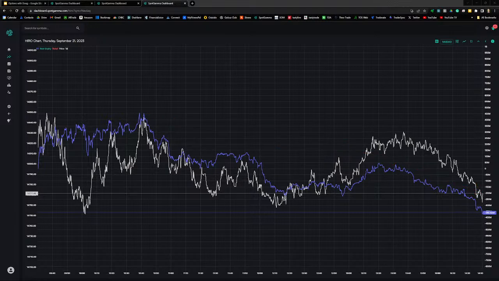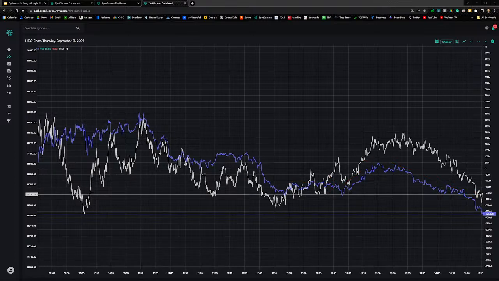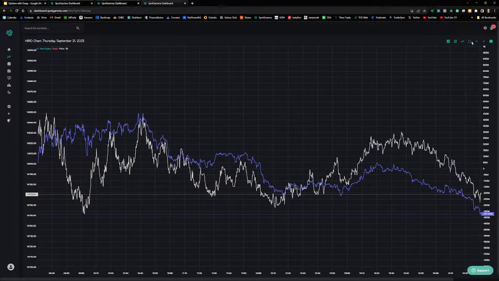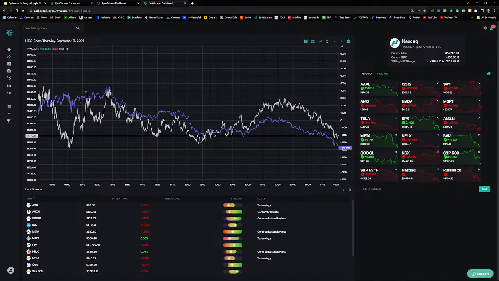And price responded lower. So Hero leveled off, moved up a little bit, then traders started taking negative delta positions again, and now price is moving lower. Let's go take a look at Bookmap again.